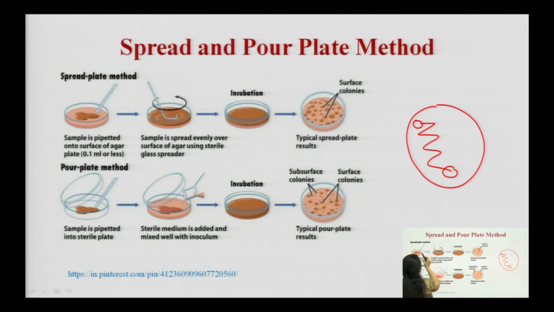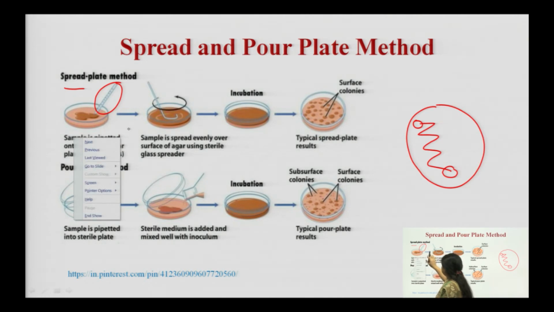Similarly, in the spread plate, this is a Petri plate which contains agar medium, and that agar medium must be sterile, with no microorganisms within it. After that you will take the inoculating loop, and with the help of the inoculating loop we will add 1 drop of the mixed culture, and once you have added it, this mixed culture will spread.